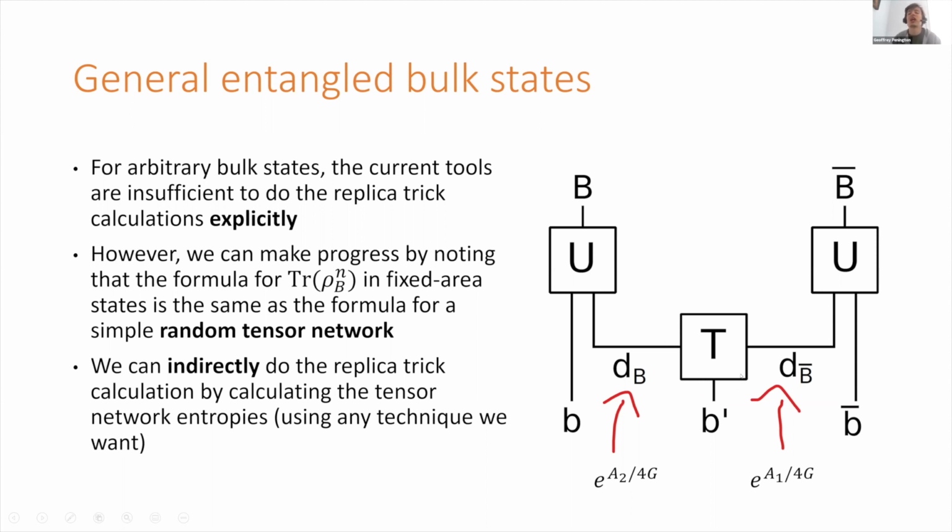You can either make T a Haar-random isometry from this leg to these two legs, or make it just a tripartite random state on these three things. That ends up being the same thing because this leg is so much smaller than these other two. You integrate over T? Yeah, exactly. You calculate the expectation of trace rho to the n of that whole thing over T.